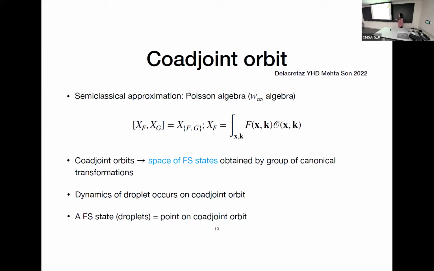All the allowed states are described by this coadjoint orbit obtained by the group of canonical transformations. So we can think of the dynamics of the droplet as occurring on the coadjoint orbit. Each state of the Fermi liquid corresponds to a configuration of the droplet, so each Fermi surface state is a point on this coadjoint orbit.